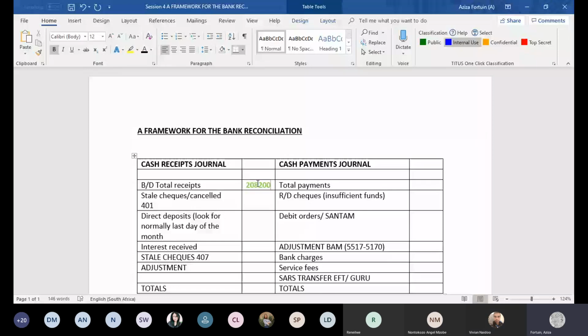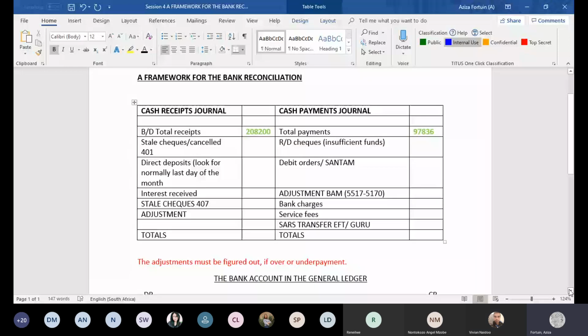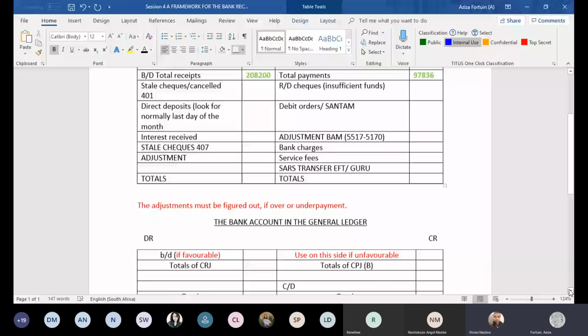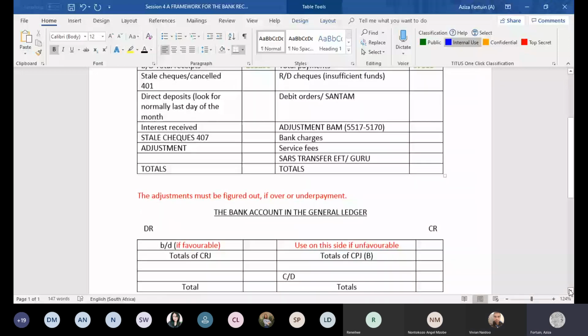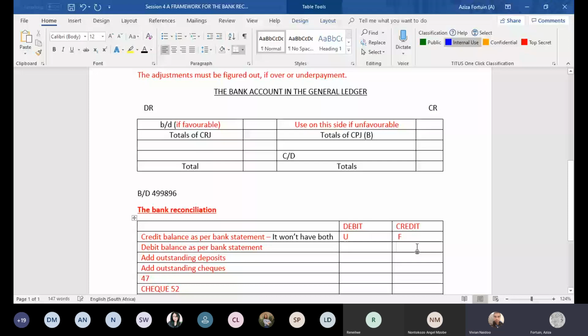Bank statement balance, I forgot on the bank. It is 145,248, a favorable balance, credit, on the bank recon. Now on the bank account, we've got a favorable balance on the debit side of 159,000.